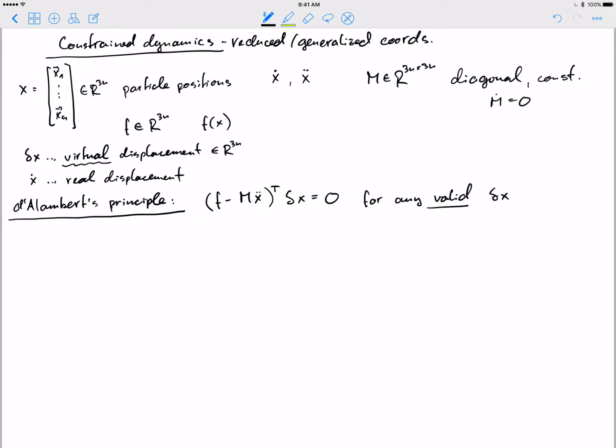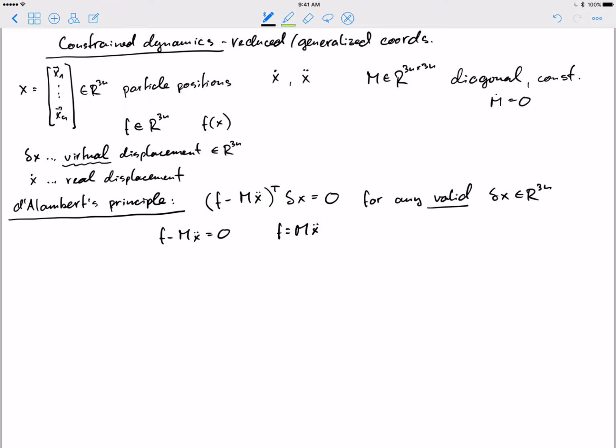And because delta x is a vector from R3n, that means that absolutely any R3n vector is valid. So this equation needs to be true for an arbitrary vector delta x. That means it needs to be true also for standard basis vectors, right? And if we plug in standard basis vectors, we get nothing but f minus m x double dot equals 0, which is nothing but Newton's second law, right? F equals m x double dot.